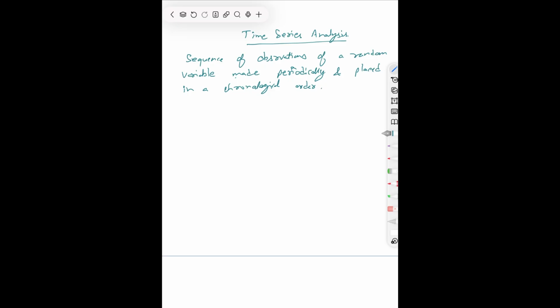So we can say a time series will be formed when the values are recorded at regular intervals of times. This interval of time could be monthly, quarterly, or annually. This time series will tell us about the general trend.